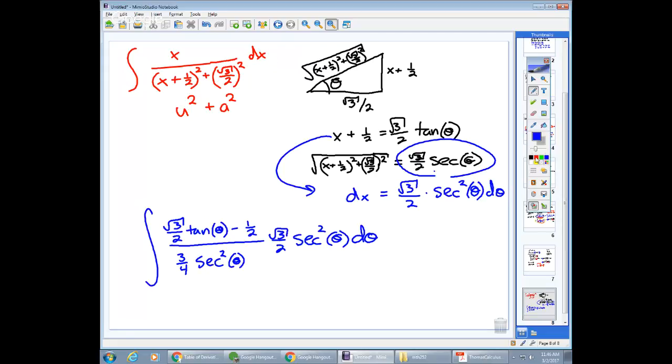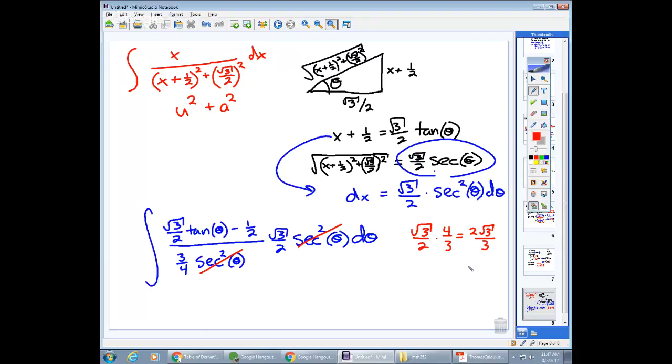Okay, canceling stuff. These secant squareds kindly bow out. We've got to clean up this constant a little bit. So what's that going to be? That's going to be square root of 3 over 2 times the reciprocal of 3/4, which is 4/3. So that gives me 2 square roots of 3 over 3.